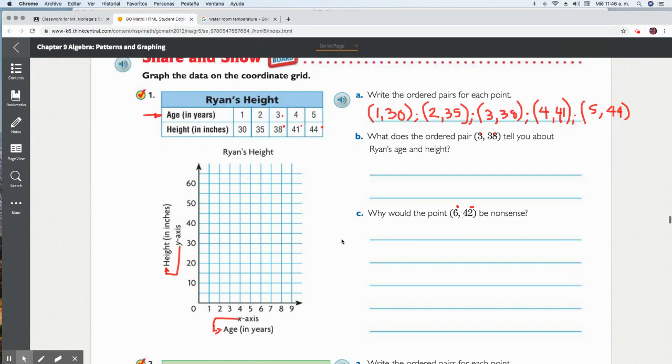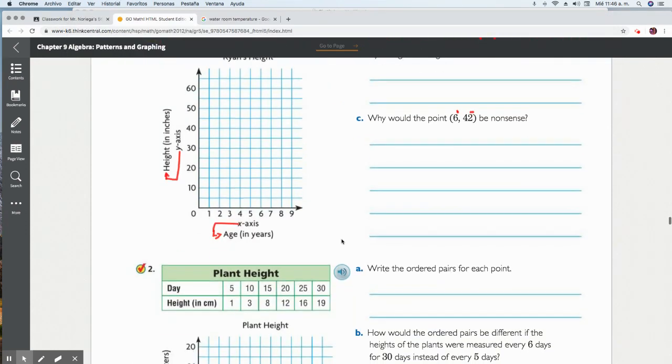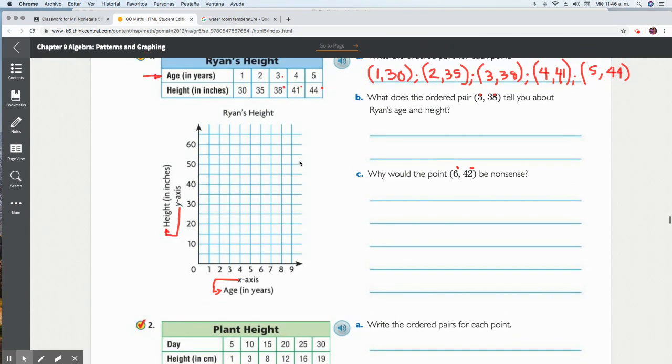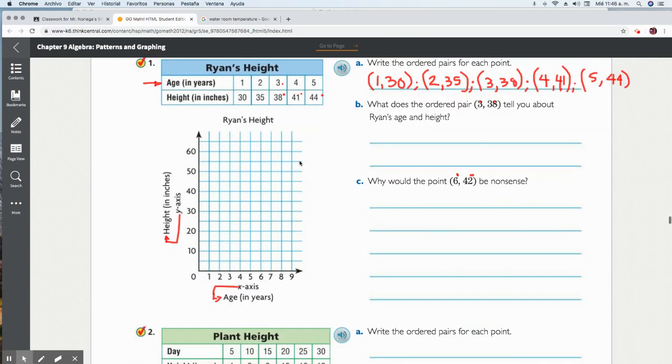The last step would be to plot the information using this coordinate grid. So let's start with the first one, 1, 30. Again, the first number is for the x-axis, the second number is for the y-axis.